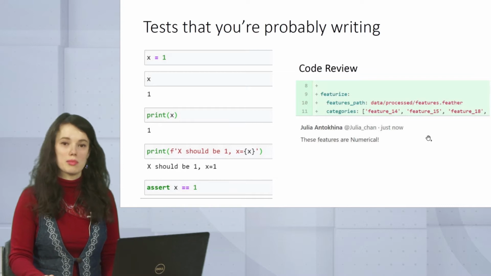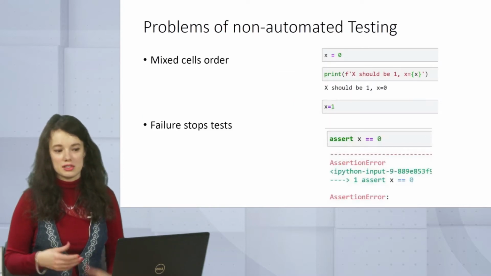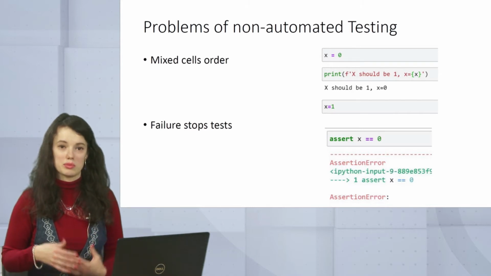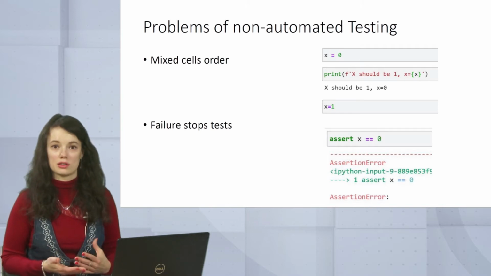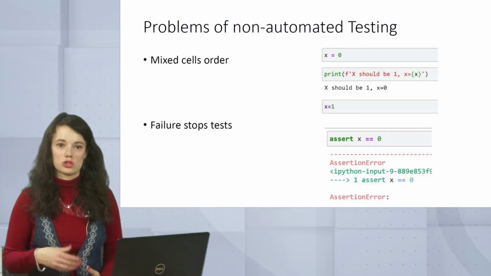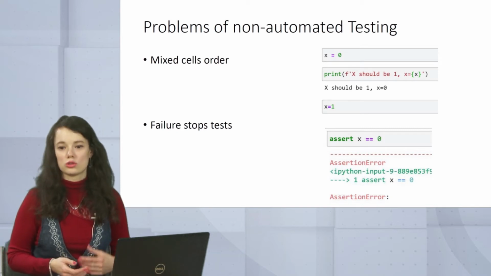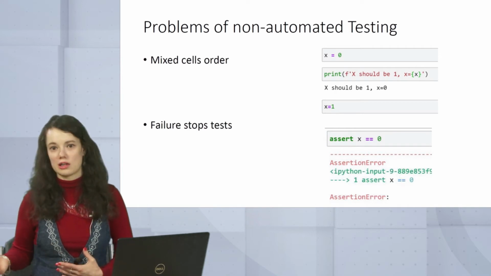But it's manual. The problem of manual testing is that cells in Jupyter notebooks can be mixed in order, and the main problem is that failure stops your testing. Thus, it's not convenient to run hundreds and hundreds of tests manually.